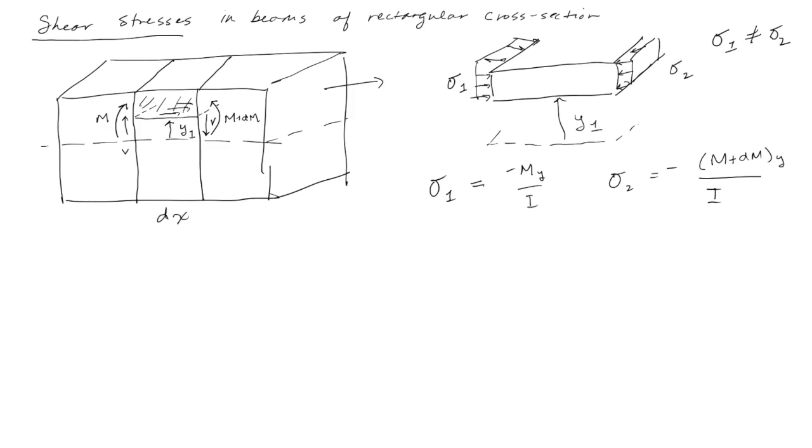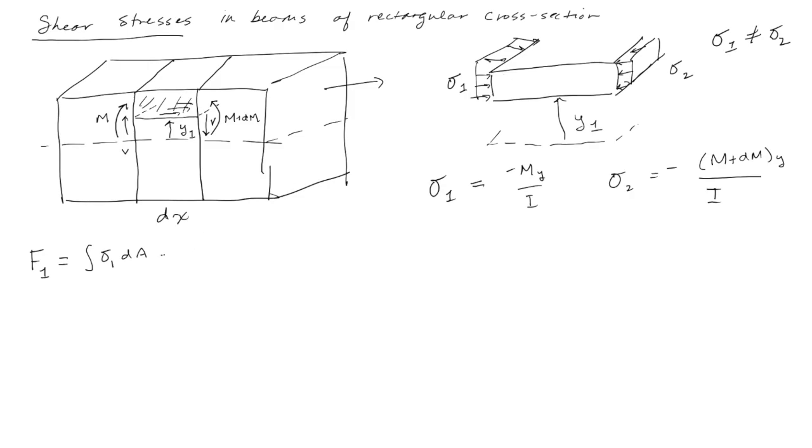We have to multiply the stresses by some area to get a resultant force. So F1, corresponding to sigma 1, is just the integration of sigma 1 over this cross-section right up here.